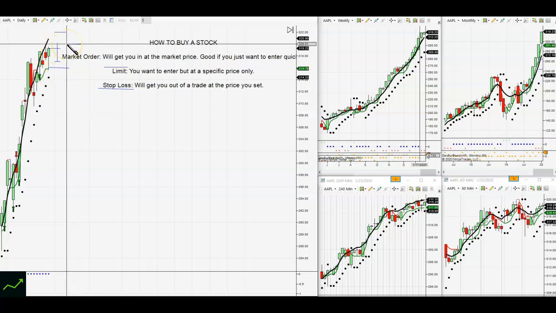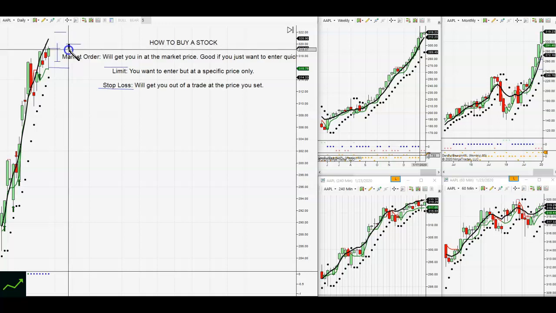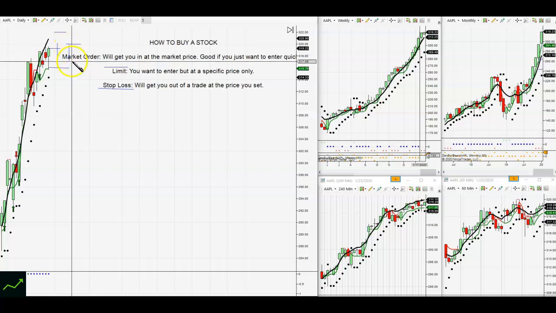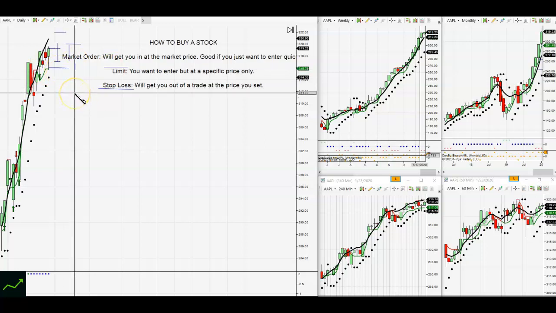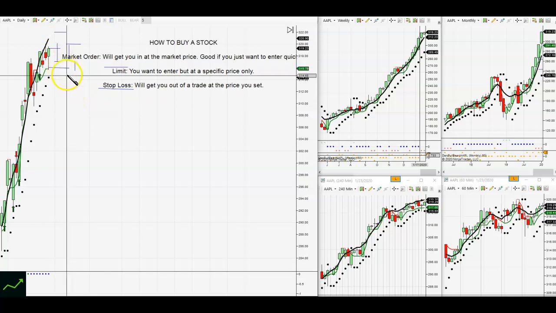So we've entered the stock at 320, but after we enter, the stock starts dropping. Let's say it drops the next day, and then the next day it comes down and hits that 316 price. We would automatically be stopped out of the trade, meaning we wouldn't be in the trade anymore. And typically, when a stock is dropping, it will potentially drop further.